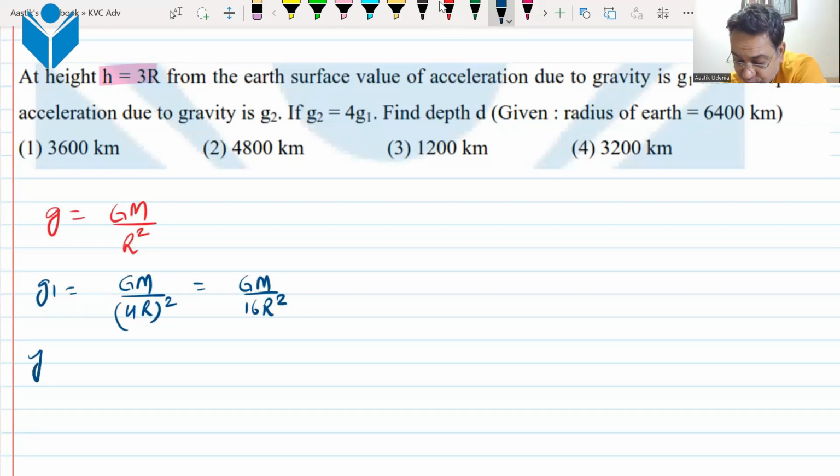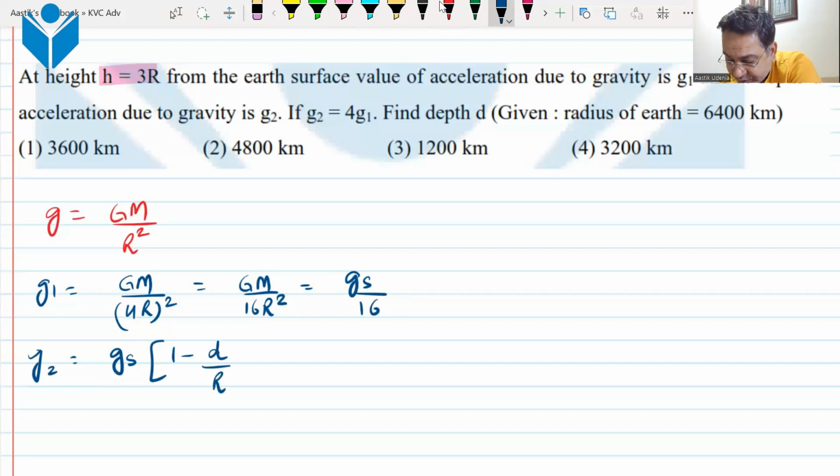Now g2 at any depth will be equal to g on the surface into 1 minus d by R. Let me write g surface as GM by R square.